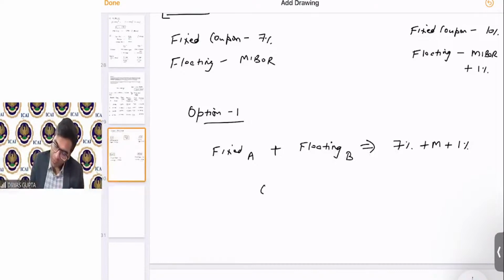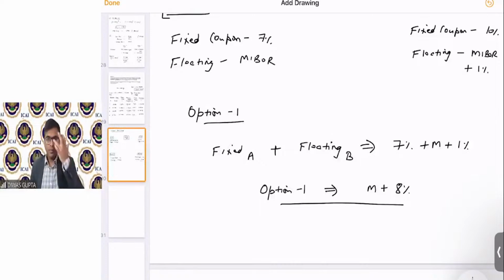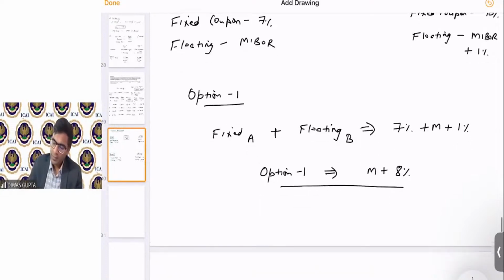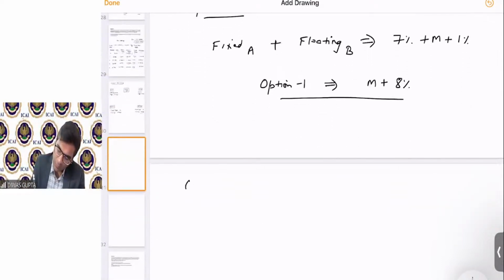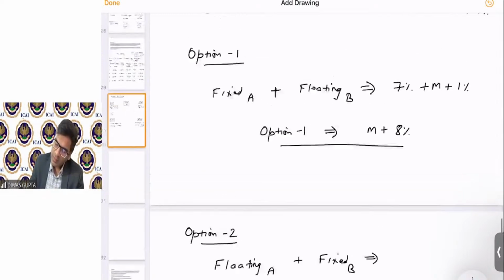So in a way, for option one, can we say that it is MIBOR plus 8%? Correct? At a collective level. Similarly, option two will be, let's say, vice versa: floating for A and fixed for B. This gives how much?